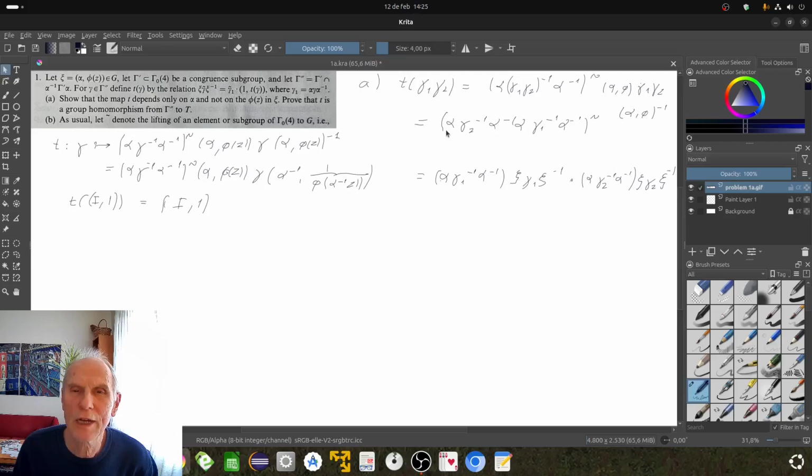Of course, this lies in gamma naught of 4, and so does this. So that means that the automorphy factor actually here comes from each of them separately.